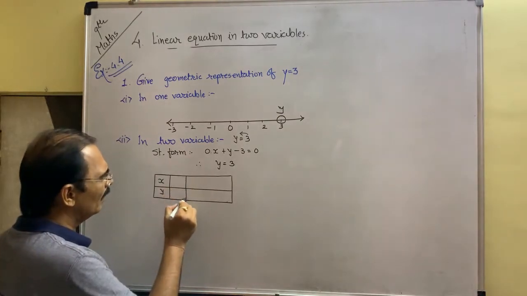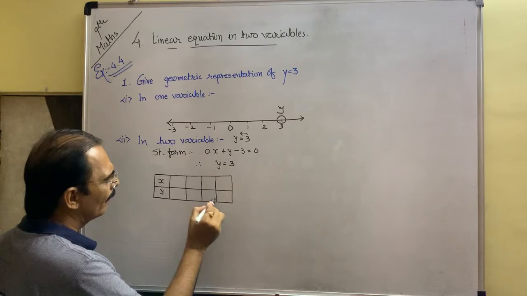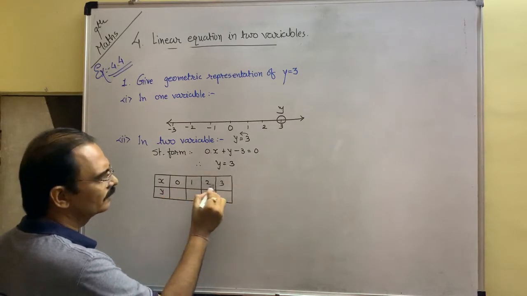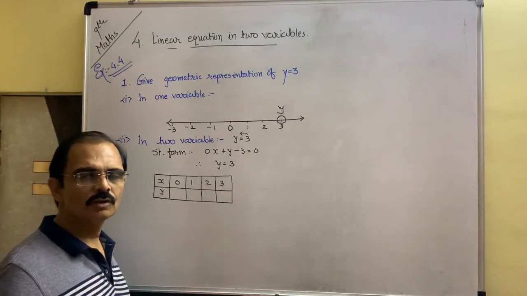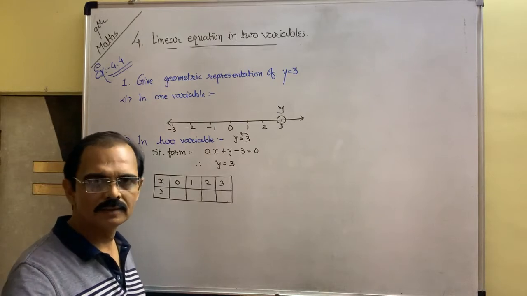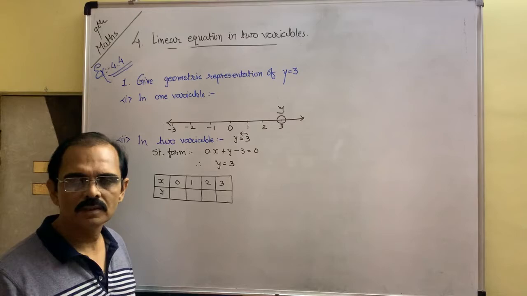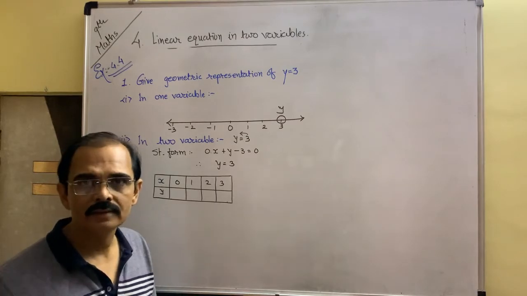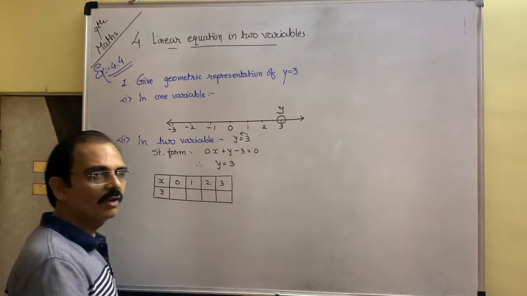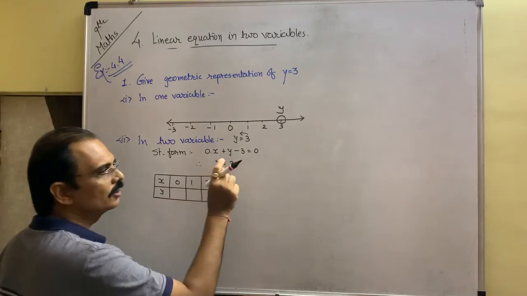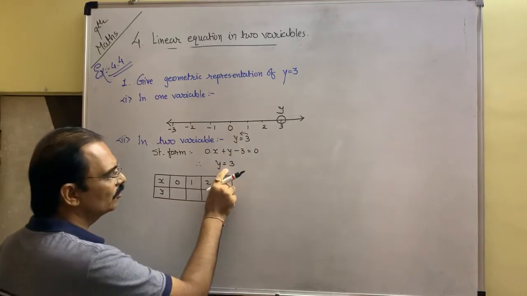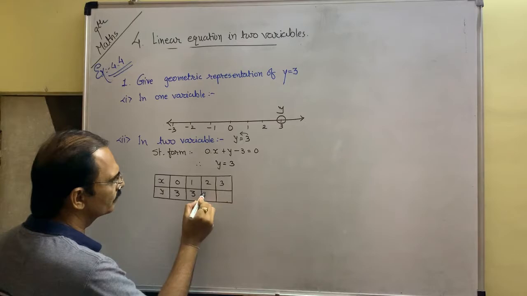As for example, I take x as 0, 1, 2, 3. Suppose you want to take 0, minus 1, minus 2, minus 3. You want to take minus 5, minus 7, plus 8, plus 13, whatever you like. Select your x. Your y equals always 3, because the question is y equals to 3.